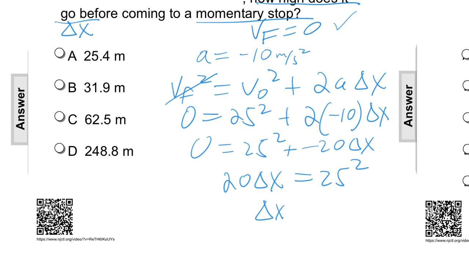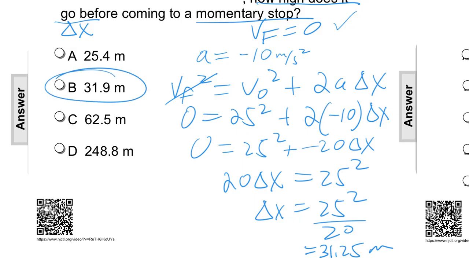And so delta X equals 25 squared over 20. 25 squared divided by 20 is equal to 31.25 meters, which looks like the closest answer is that one.